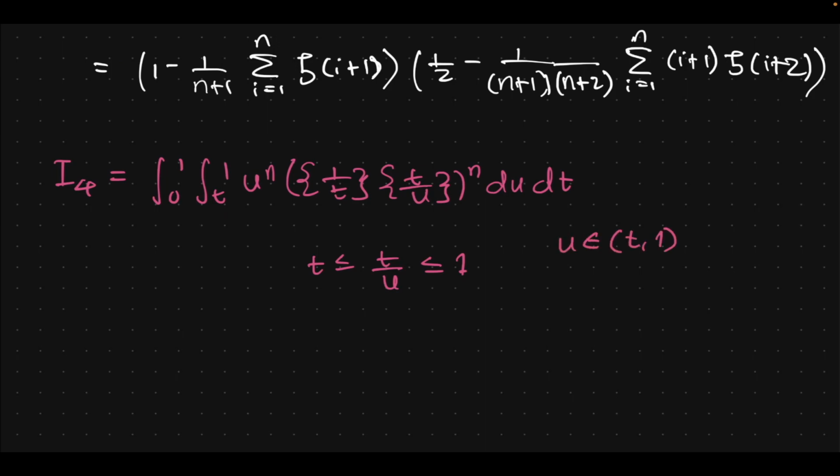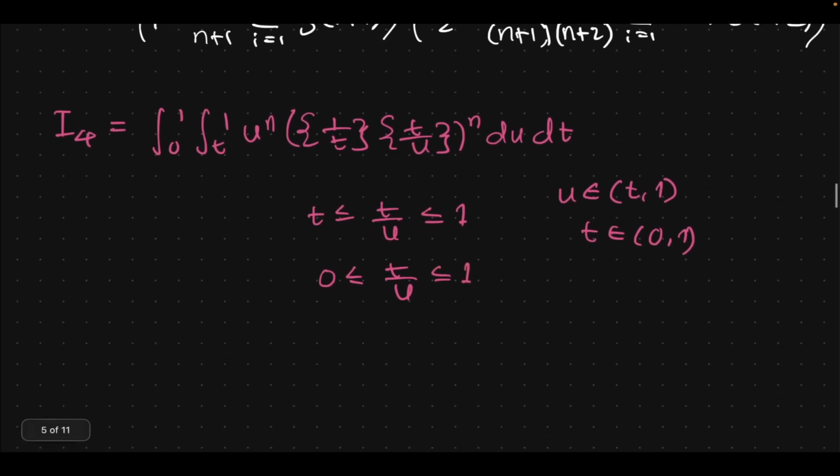So with that we have t over u going from t to 1, and then again we know that t goes from 0 to 1. So effectively t over u is going from 0 to 1. So that means the fractional part of t over u, using the same argument as before, is just t over u. So we can simplify things significantly here.